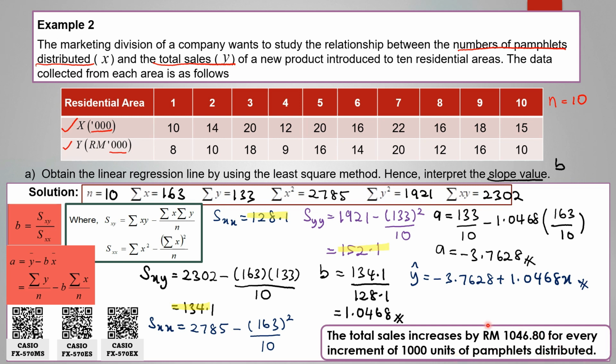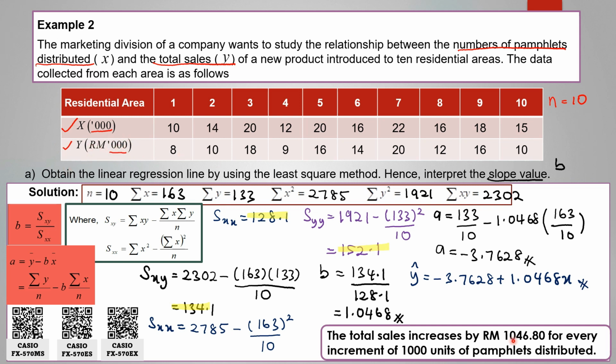So again, here you should notice that our value of B is 1.0468, you need to times with 1,000 in order to put in the interpretation. Because from the statement, the unit of Y is in thousand.